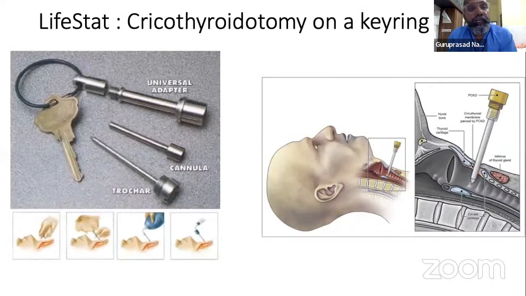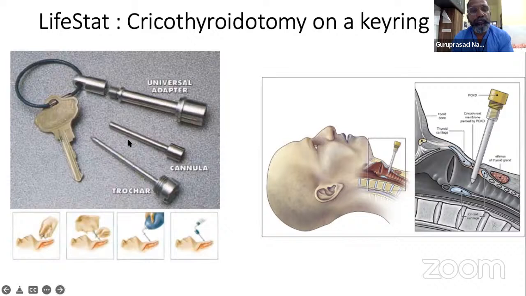So this is another device, which is called a LifeStat, and it is a keyring device. It has been devised to be used even by a lay person if he sees a patient who has an upper airway obstruction. It is a set wherein there is a sharp trocar over which you get a cannula.